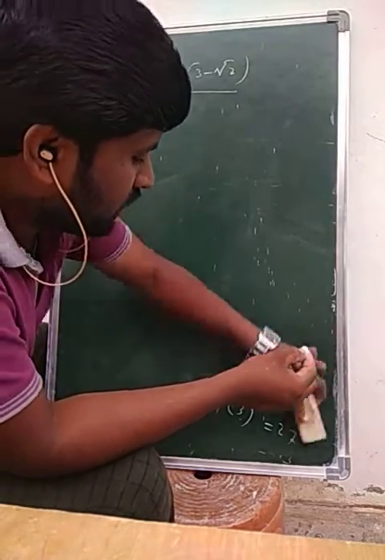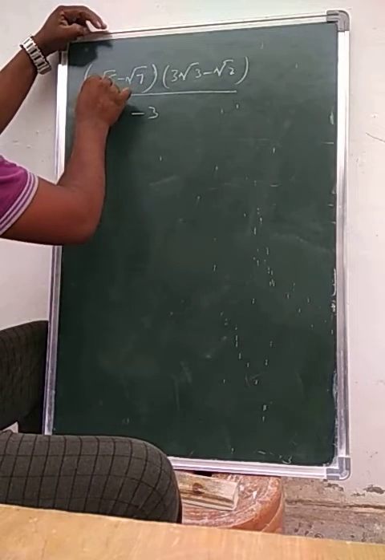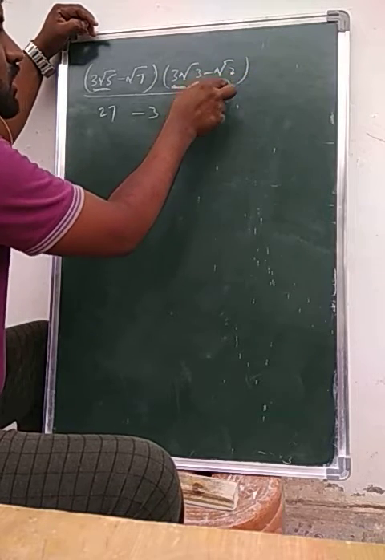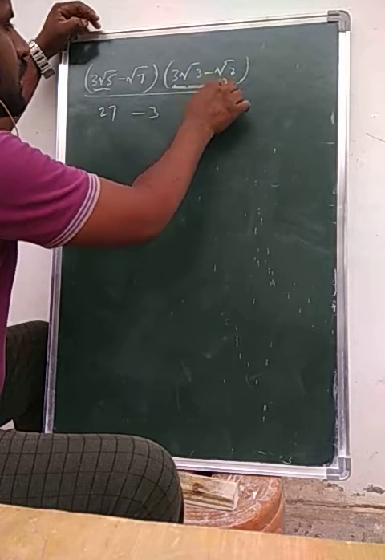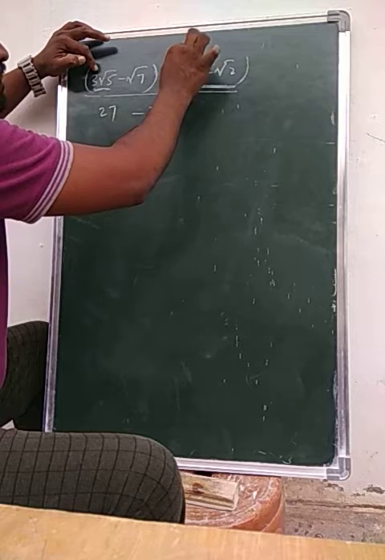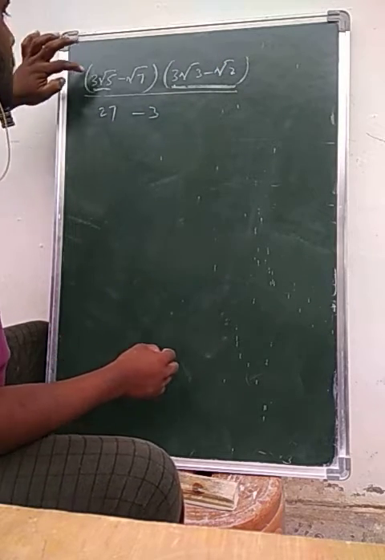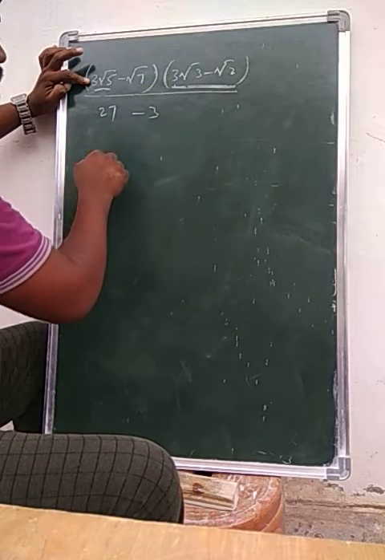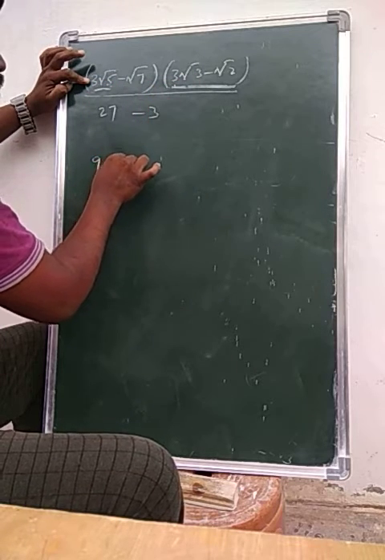Now observe the numerator part. You just multiply with 3 root 5, completing this expression. Multiply the part that is in the bracket with 3 root 5. Here the order of the surd is 2, the order is the same, that's why we can multiply it. 3 3s are 9, root 5 into root 3 is root 15.